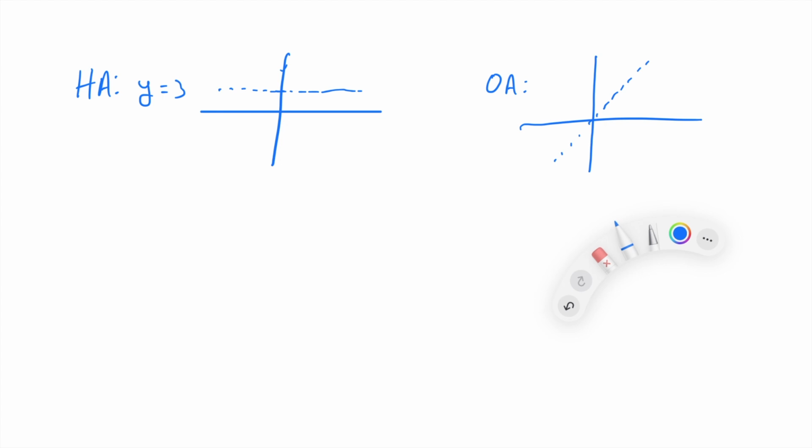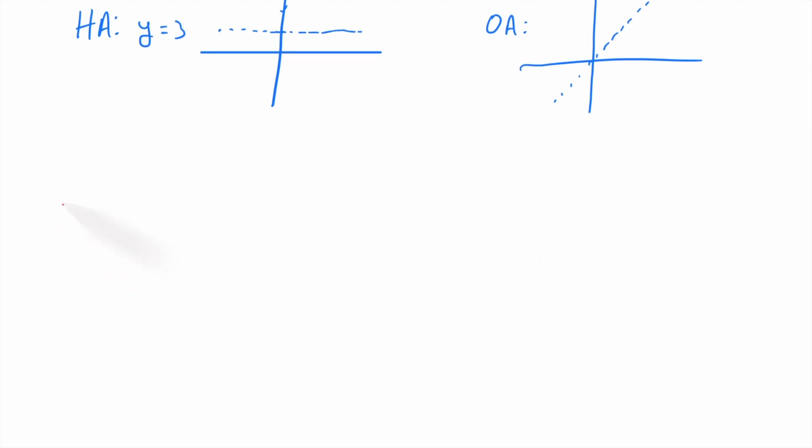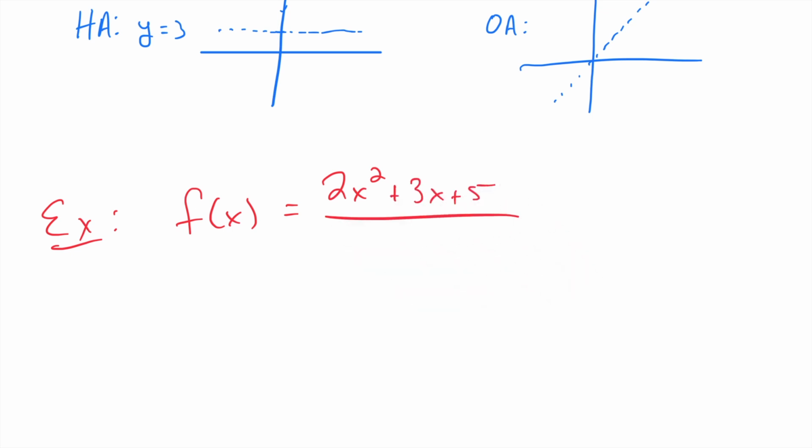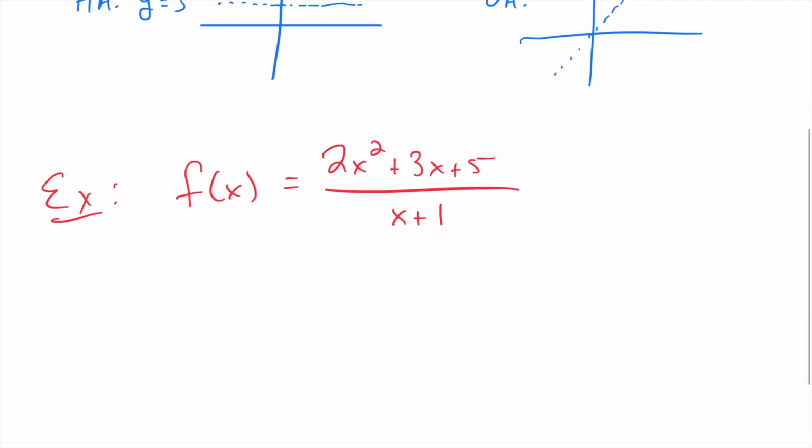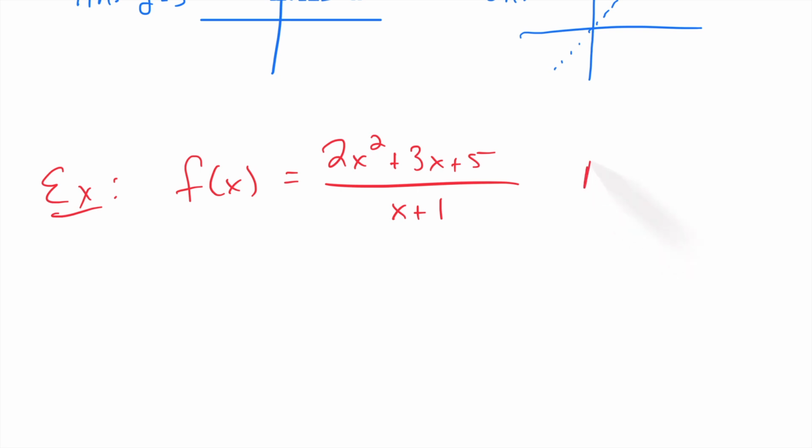So that being said, let's jump into an example here. Suppose we have the following function. Let's say f of x is equal to 2x squared plus 3x plus 5 all over x plus 1. Our job here is to find the oblique asymptote.